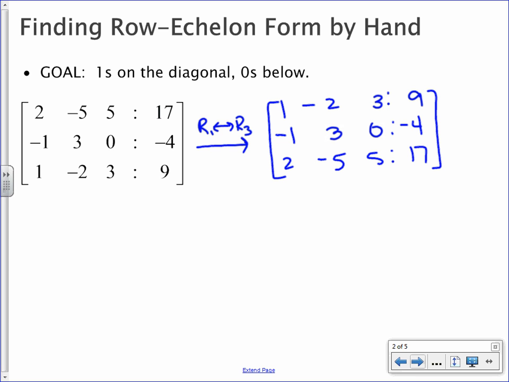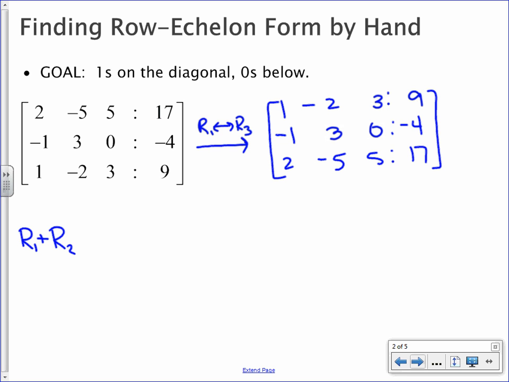So does anybody see anything that could be helpful to get a 0 as an entry in a row? If we add row 1 and row 2, will we have a leading 0?